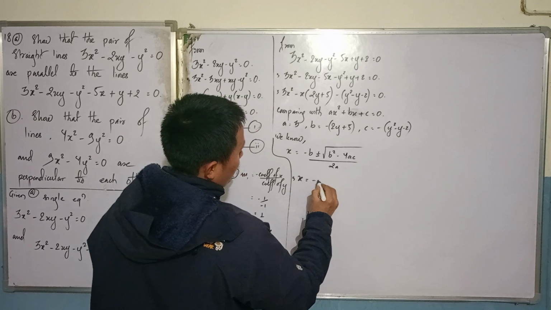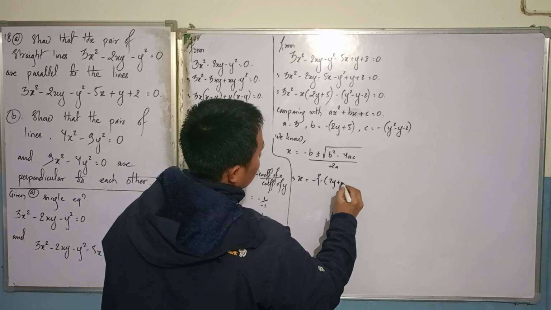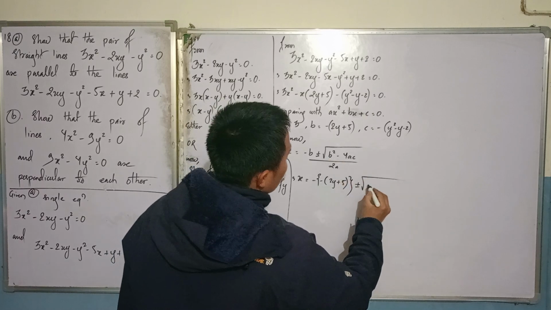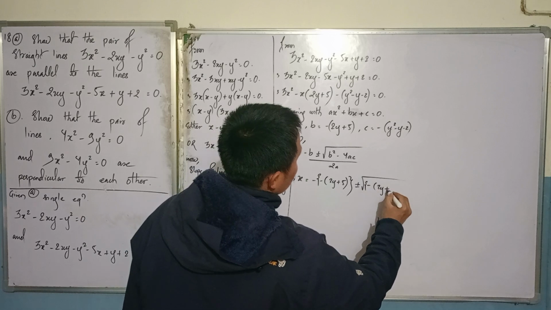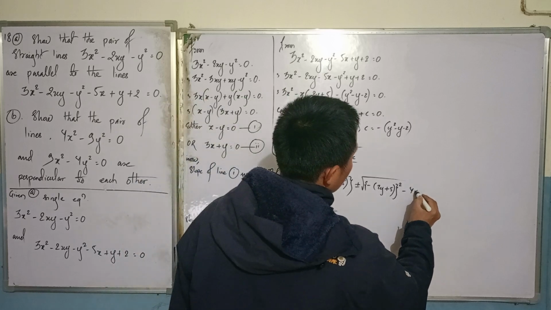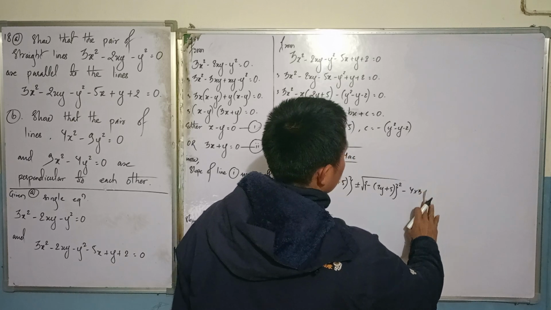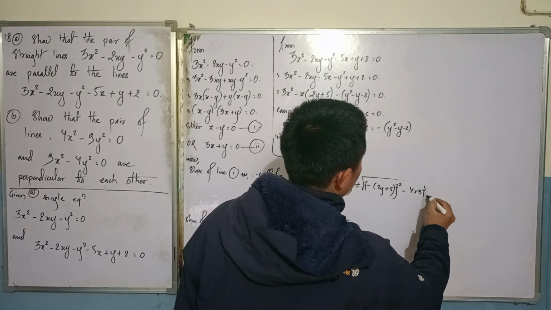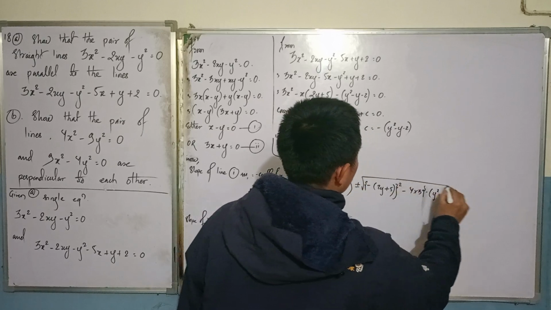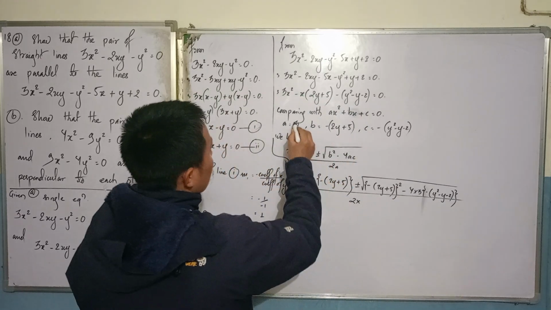So replace the values: x is equal to minus of minus (2y plus 5), plus minus under root, b squared will be (2y plus 5) whole squared, minus 4 times a, we have 3, and c we have this whole negative (y squared minus y minus 2), divided by 2 times a, we have 3.